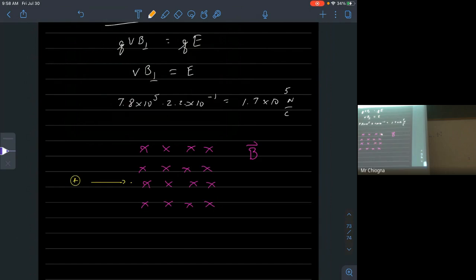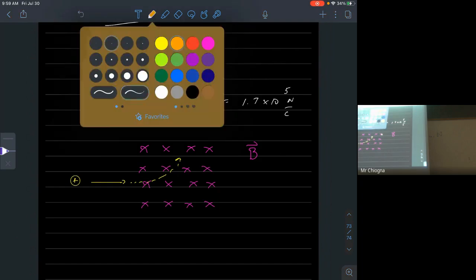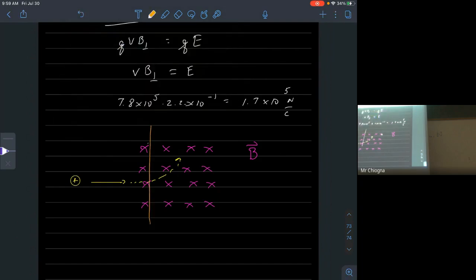In order to offset this proton from moving up, or alpha particle from moving up like that, we need a field that's acting down. We need a field that acts in this direction, perpendicular to the magnetic field. That's the E field.